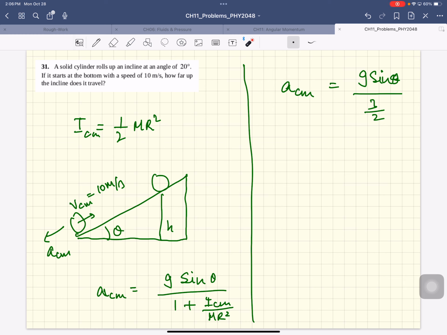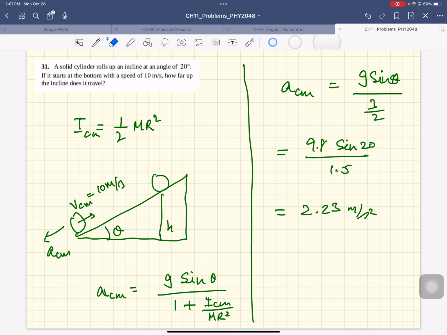So we can calculate this. Center of mass acceleration is 9.8 times sine 20 divided by 1.5. So this works out to 2.23 meters per second squared.